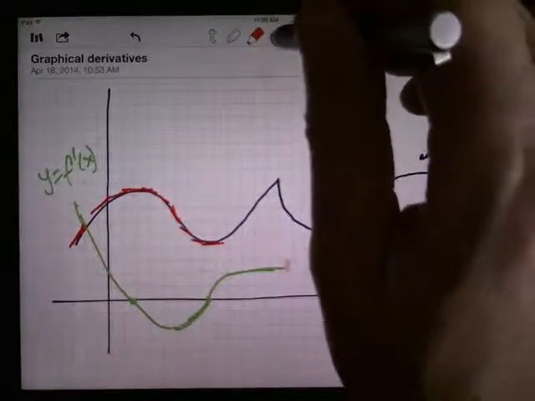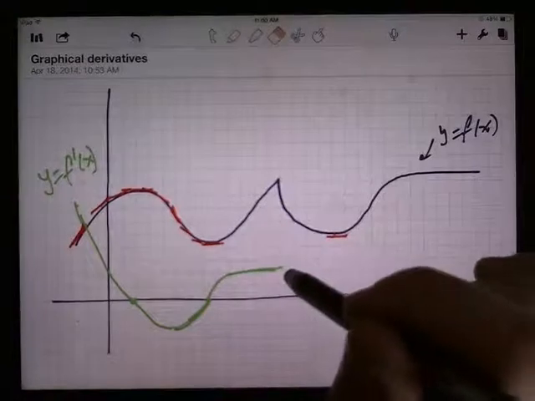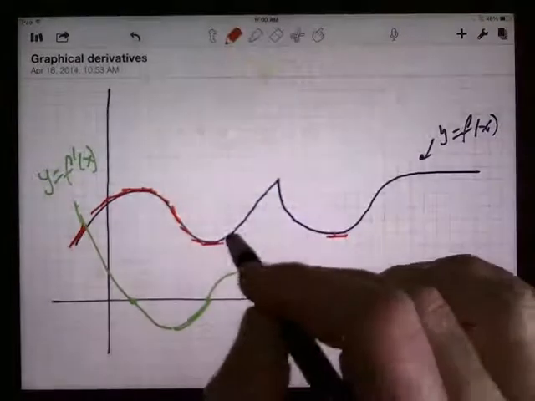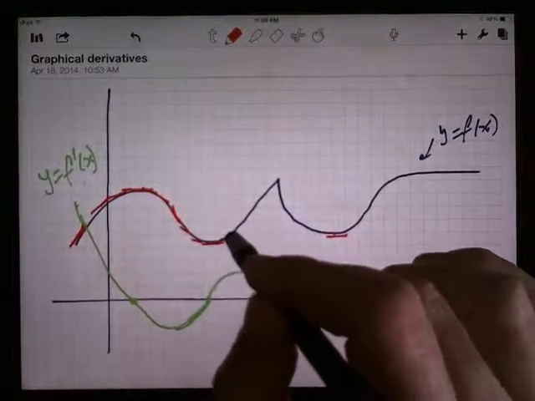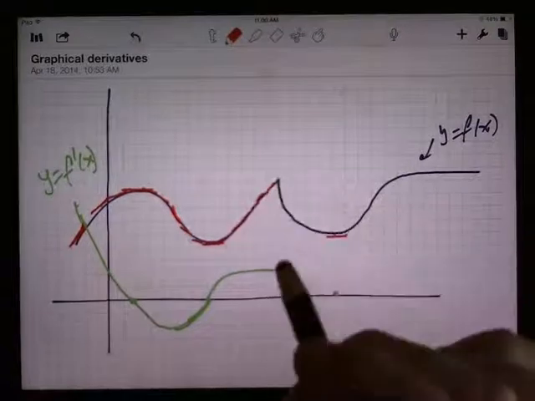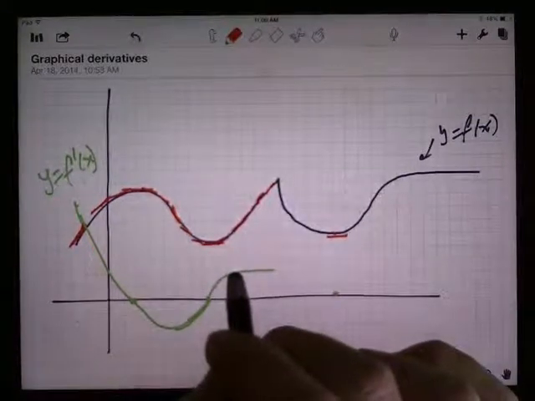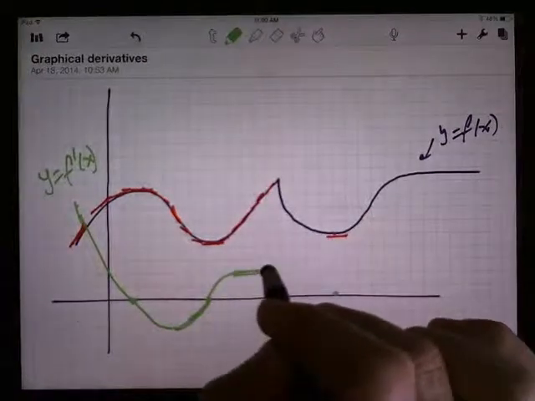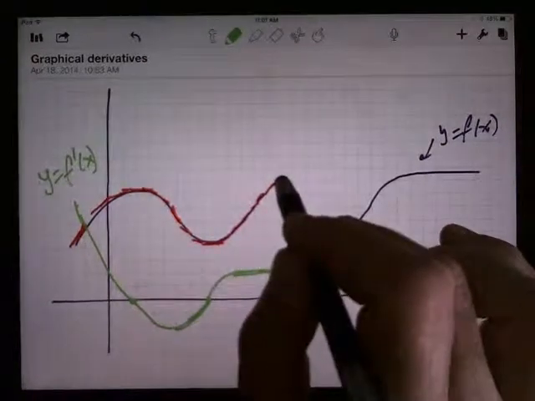Grabbed the wrong thing. These are positive slopes here, but through here the slope is pretty much the same. It's almost like a straight line through there. And so I want to have pretty much a constant. The derivative is constant through there because the slope is constant through here.